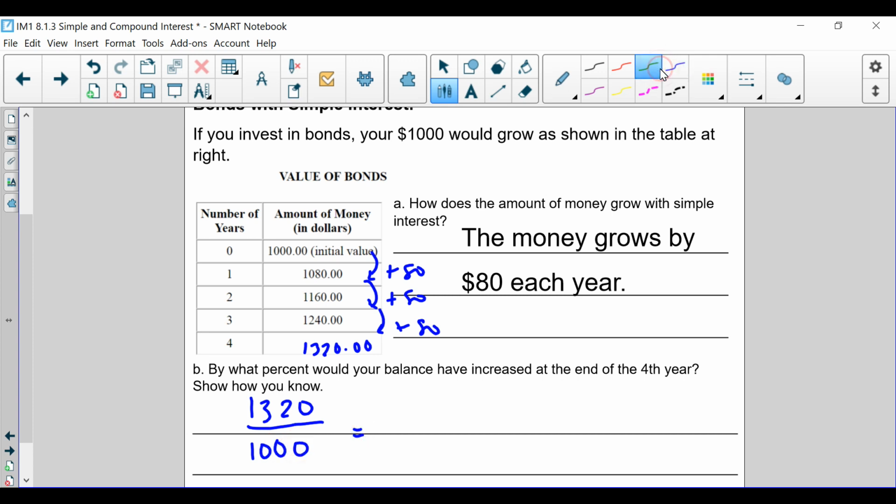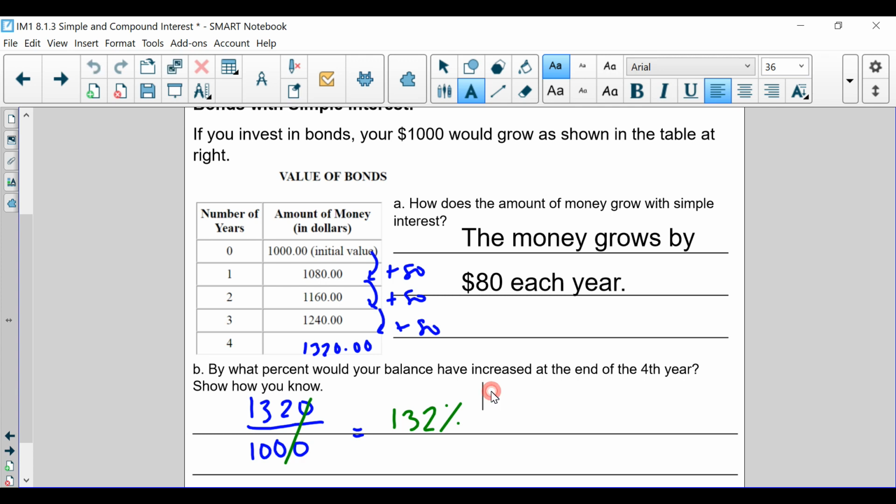Now, I could use a calculator, but I'm going to show you a trick here. A trick meaning a mathematical idea that you can use to simplify the problem. You can divide both by 10. Those zeros get out of the way. Then you're going to go, okay, 132 divided by 100. You can know that percent means out of 100. So it was now at 132%. So if you go from 100 to 132%, then you know it did what?